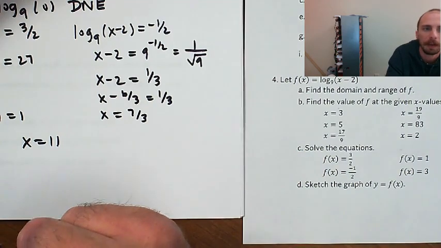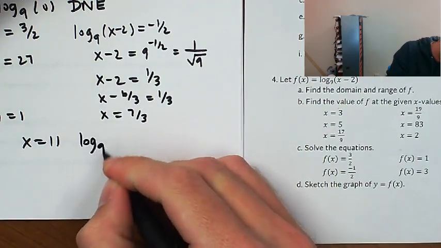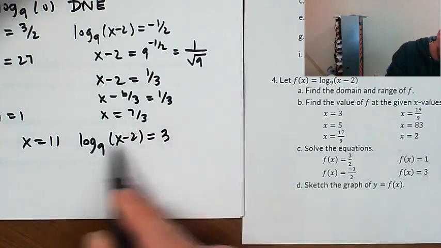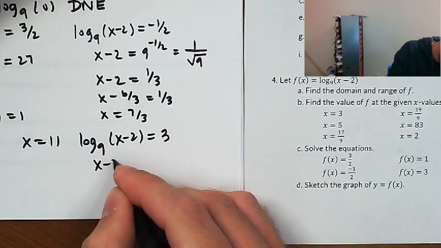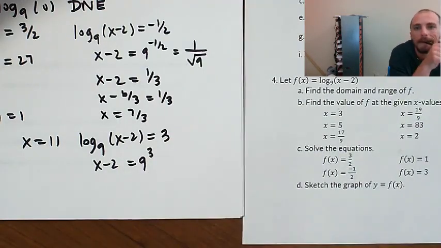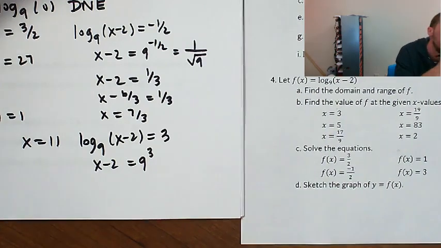This last one, f of x equals 3. Log base 9 of x minus 2 equals 3. So we're going to take 9 to both sides. I'm going to get x minus 2 equals 9 to the 3. 81 times 9, 80 would be 720, 729.